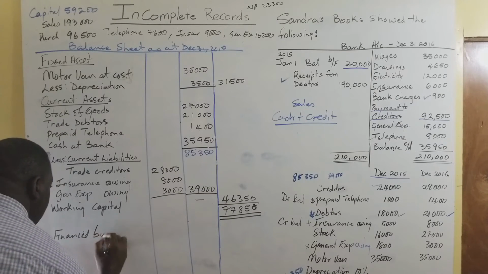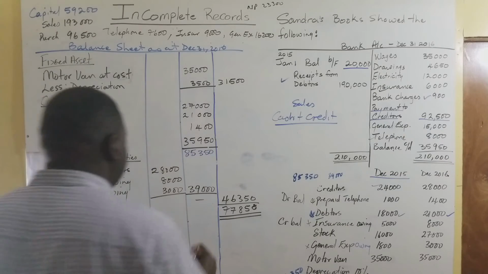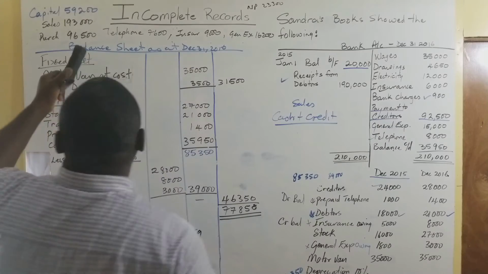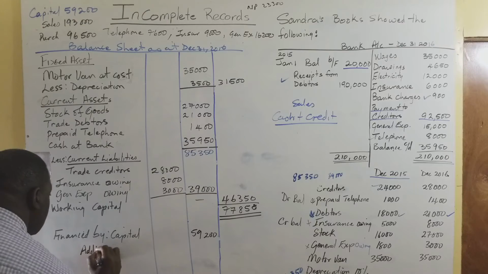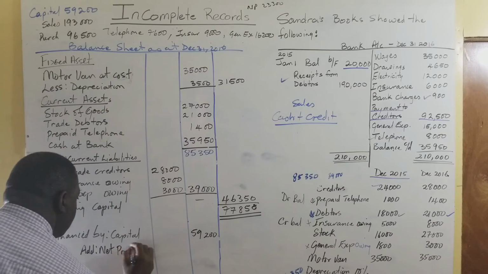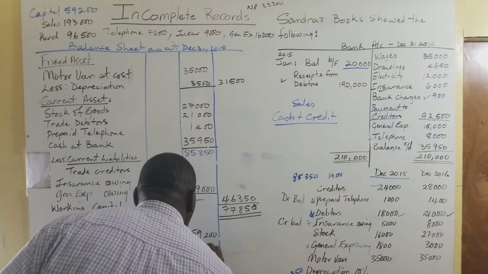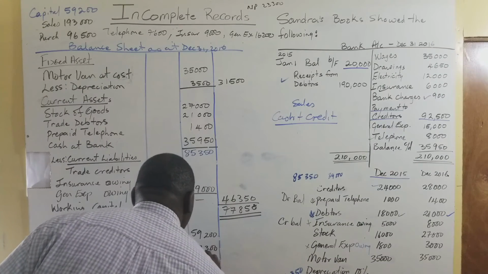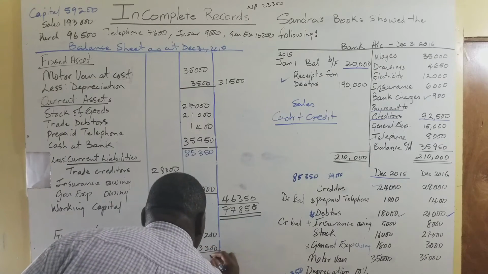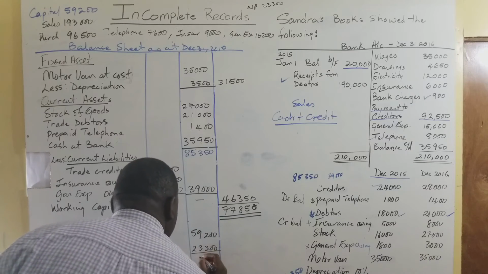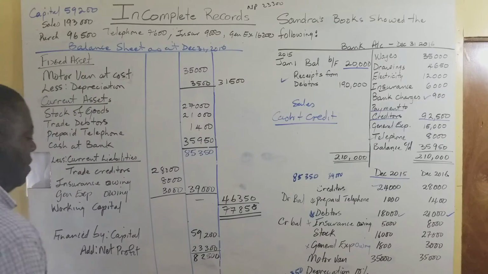Then we go to financed by, and we start with the capital. We had the capital earlier, which was 59,200. We're going to add the net profit. The net profit figure, we have worked that out, 23,300. We're going to add these two. So that's 82,500. Yes, good.